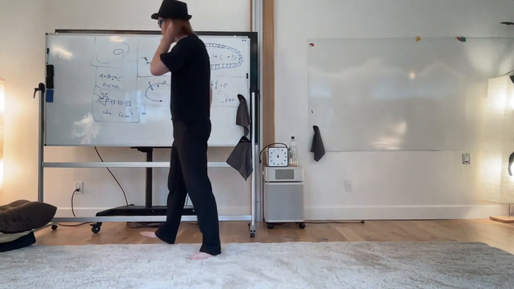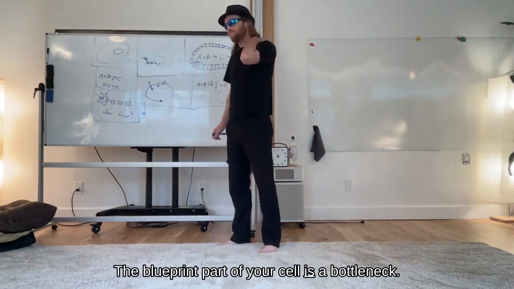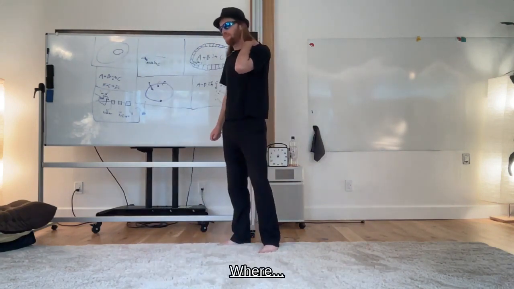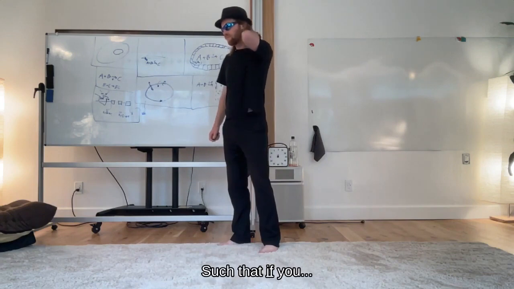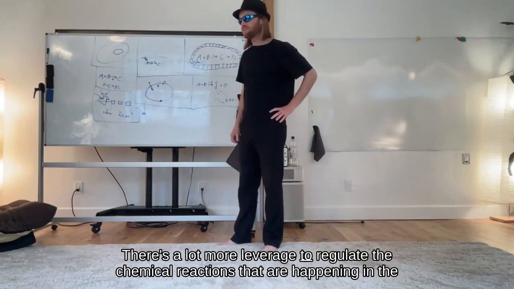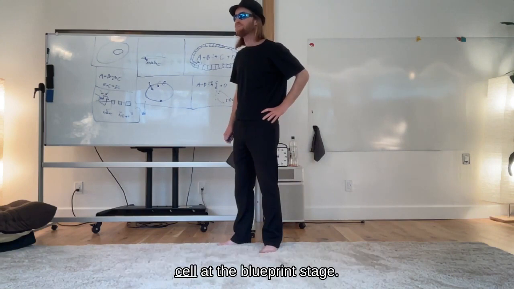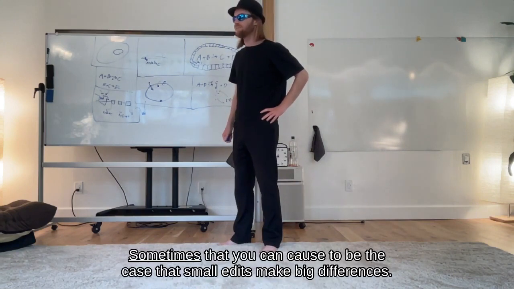And that means the information, the blueprint part of your cell, is a bottleneck. There's a lot more leverage to regulate the chemical reactions happening in the cell at the blueprint stage, because you can cause it to be the case that small edits make big differences.